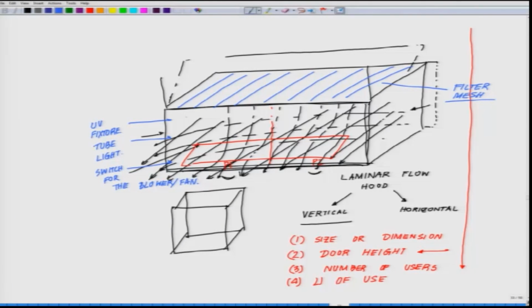Generally, before you start working on a laminar flow hood, it is a good idea to switch on the UV and leave it on for half an hour or so.